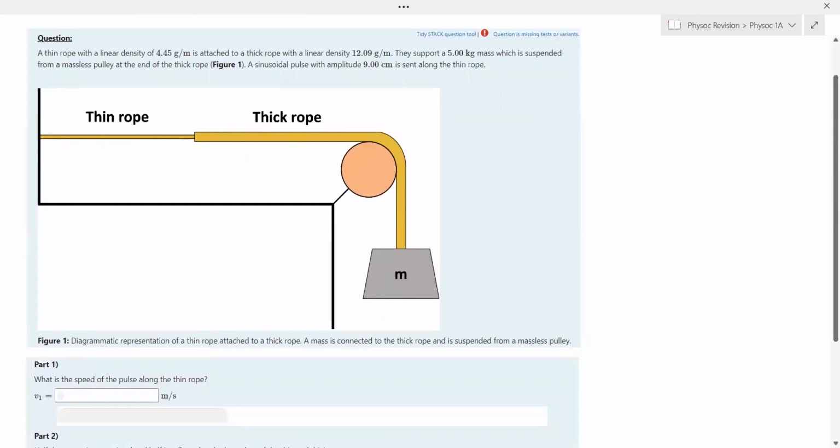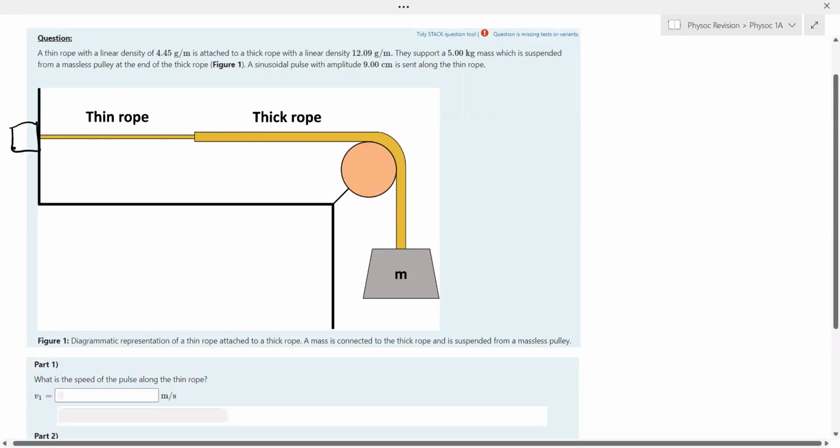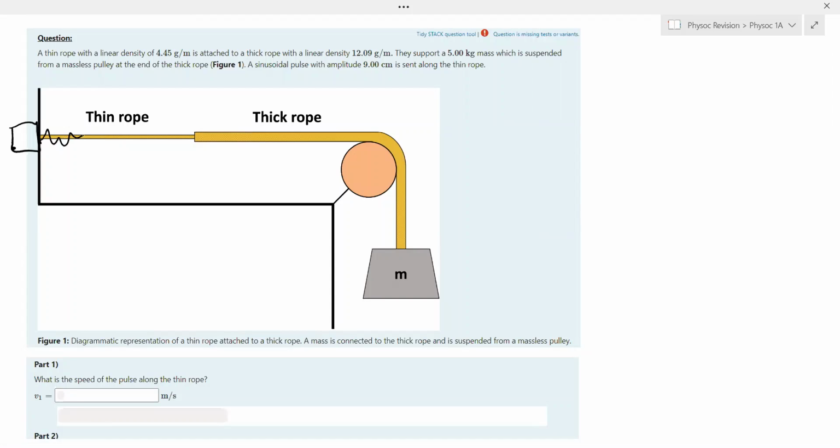So in this question, we have a thin rope connected to a thick rope, and it's got a mass on the end. And a sinusoidal pulse rather is sent along the thin rope. So from here, there's some sort of device that makes it have a wave, and that has an amplitude of 9 centimeters.